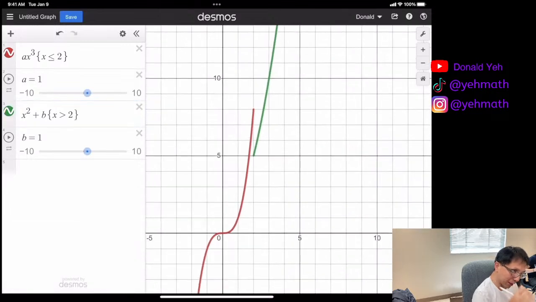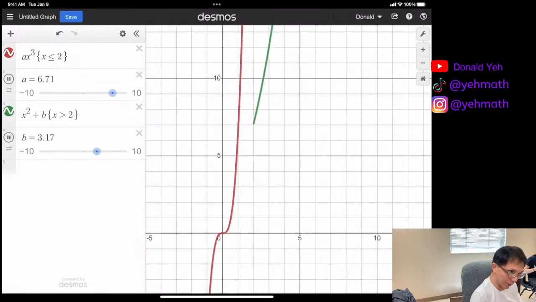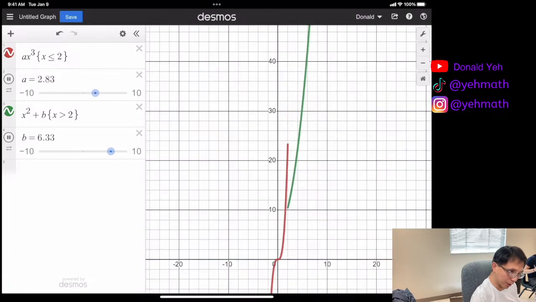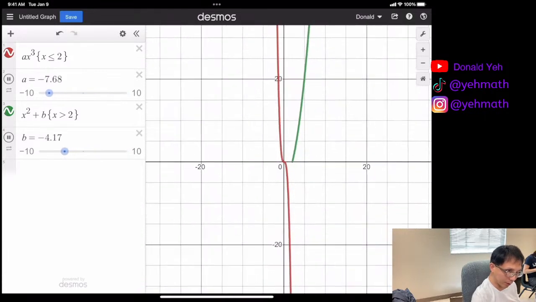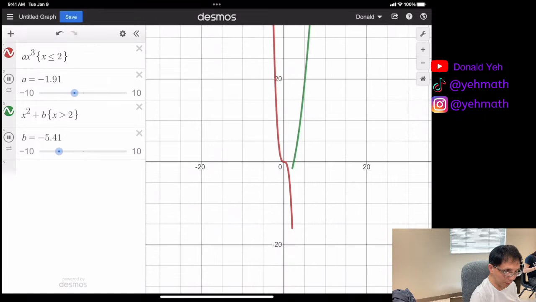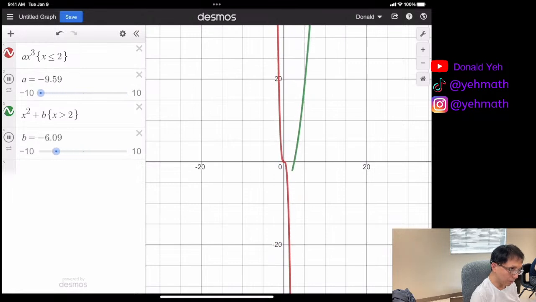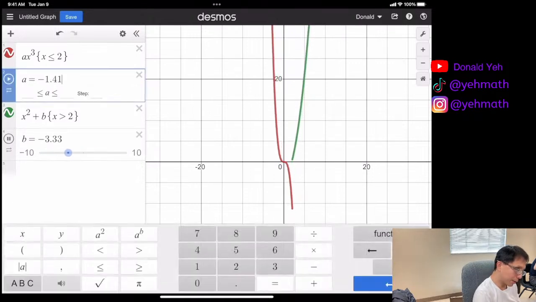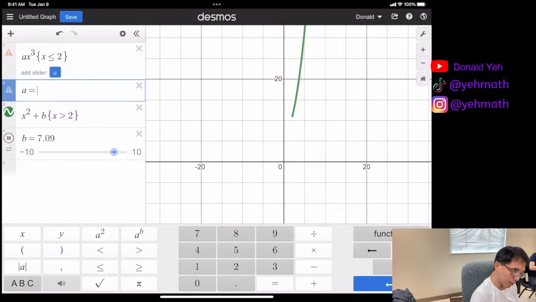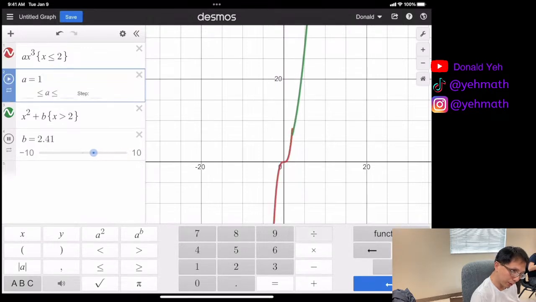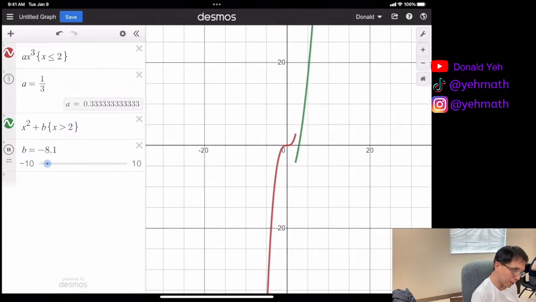Obviously there's going to be an infinite amount of choices, and they might connect to each other at one point, so it seems like they can connect, but it doesn't mean that they are differentiable. So what do we say a is? 1/3? So that looks like this.